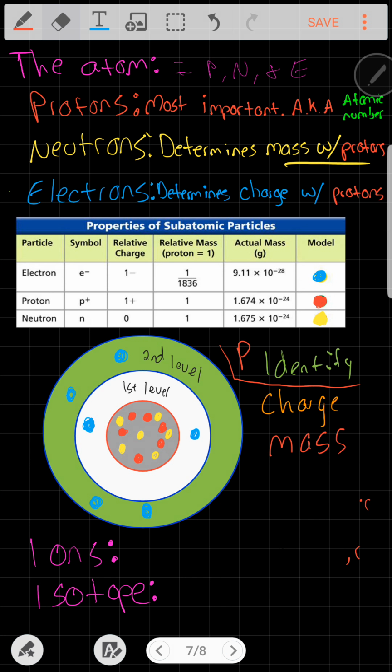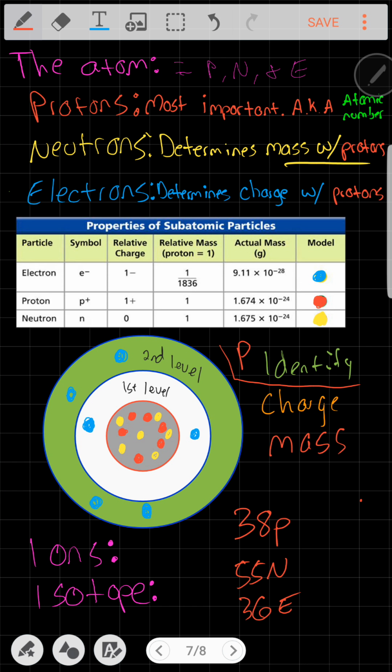Say something has 38 protons, 55 neutrons, and let's give it 36 electrons.